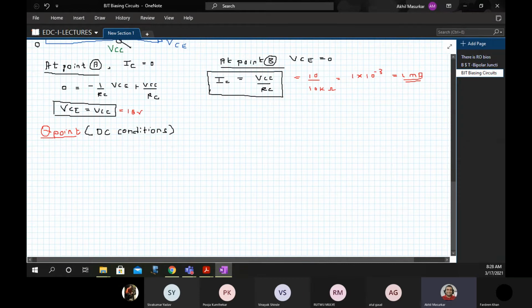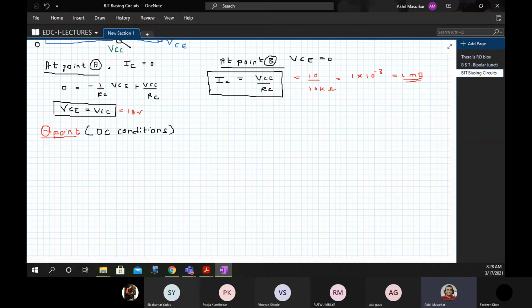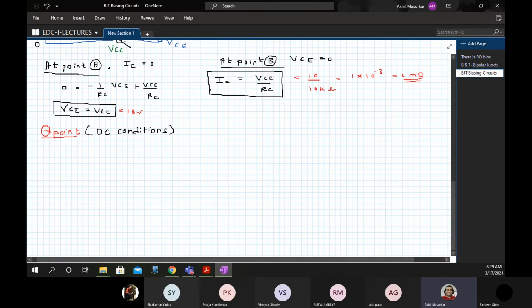When a signal is applied to the base of the transistor, IB varies according to the instantaneous amplitude of the signal. This causes IC also to vary and consequently produces a variation in VCE. So the meaning of this is that if you apply something at the base which is varying with time, it will produce a consequent variation in the collector current also.